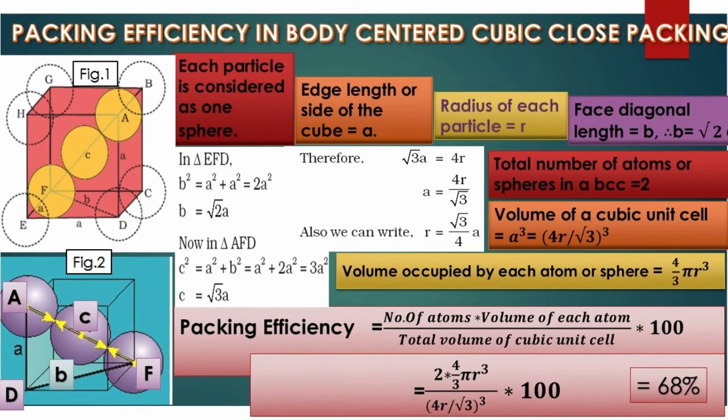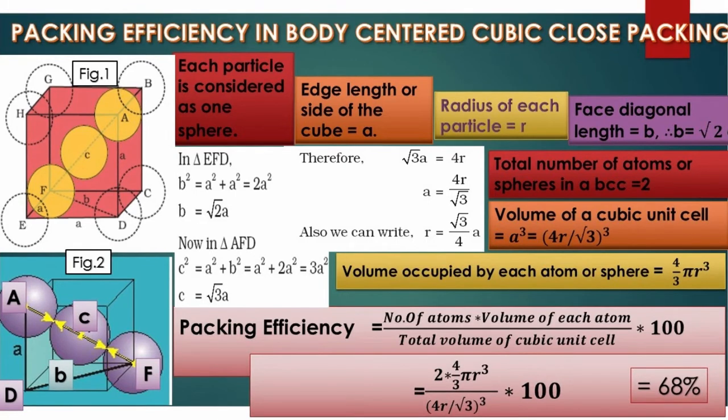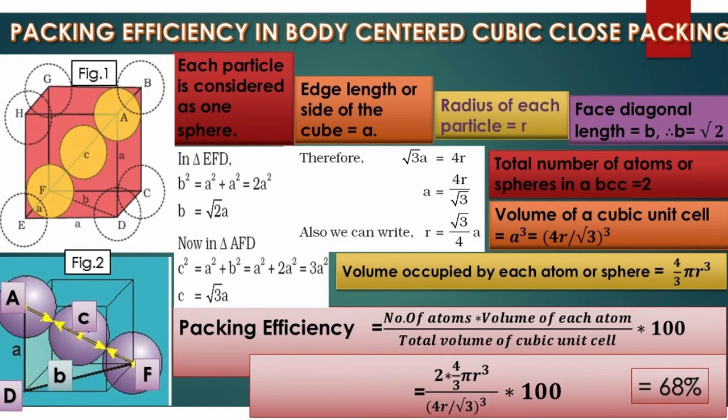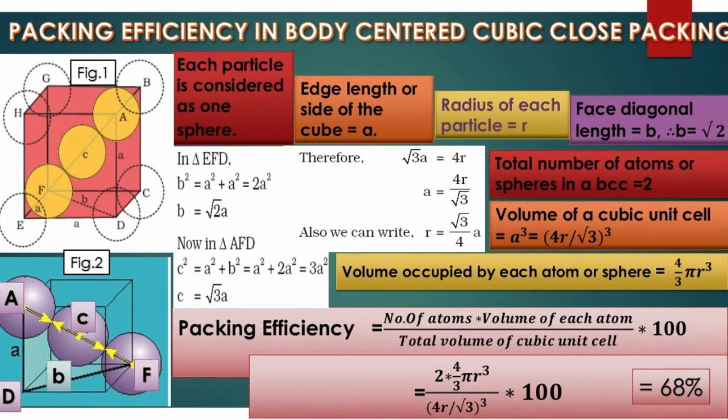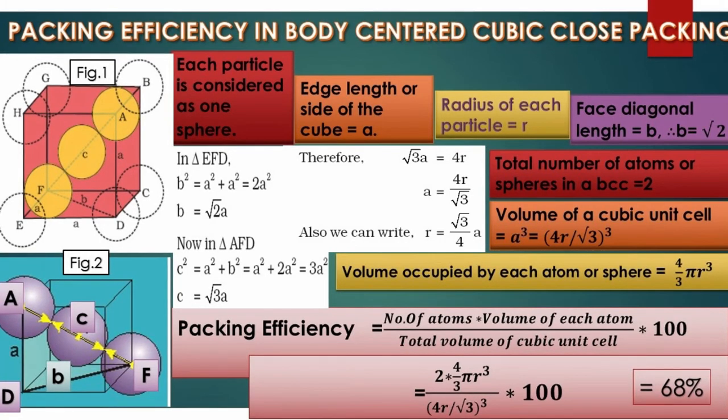Now substitute this in the formula to calculate packing efficiency. We know packing efficiency is the product of the number of atoms and the volume of each atom divided by the total volume of the cubical unit cell into 100. The number of atoms in BCC is equal to 2.